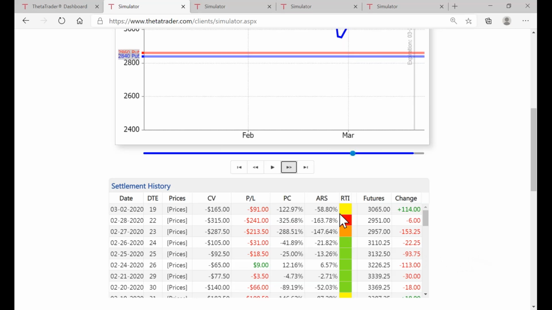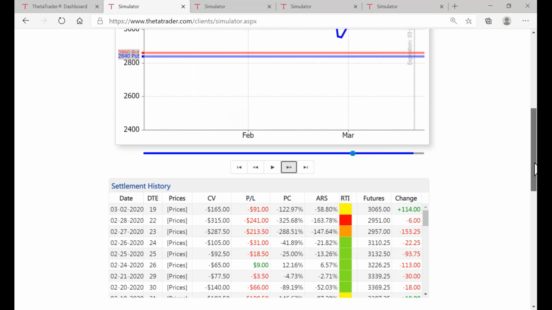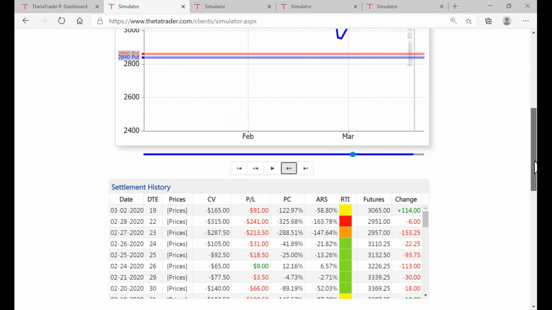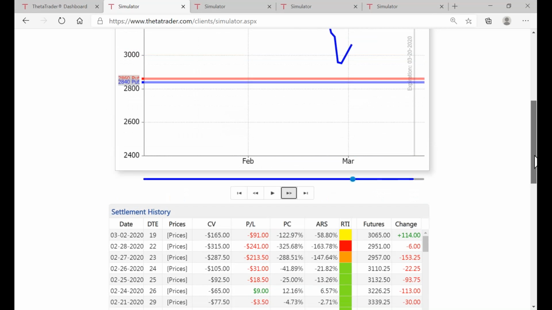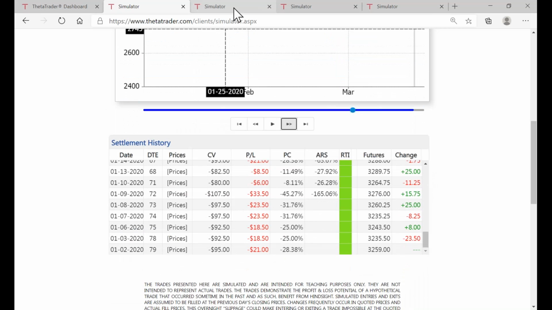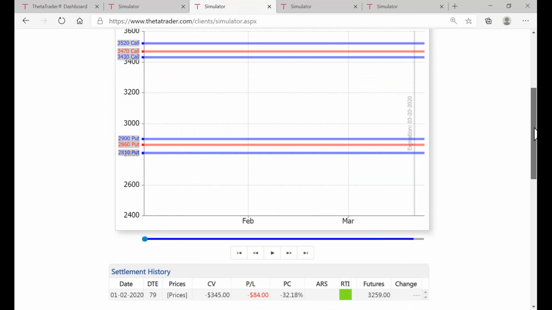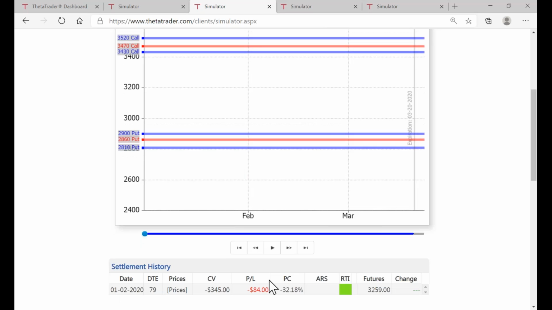I'll show you how to do that in just a moment. Let's take a look here. And so that is the condor. Remember, that was a condor we placed on January 2. Now, if we did a dragonfly on January 2, what would happen? So on January 2, instead of placing a condor, you did a dragonfly.